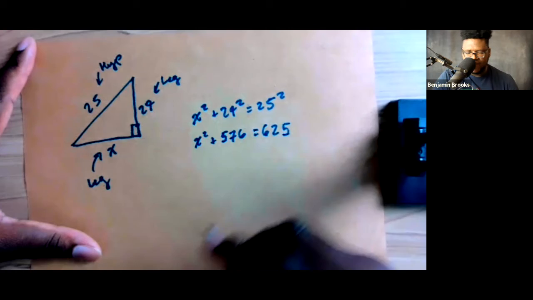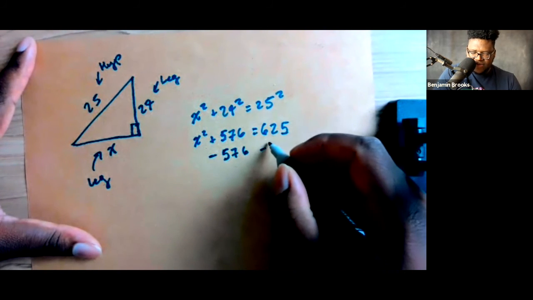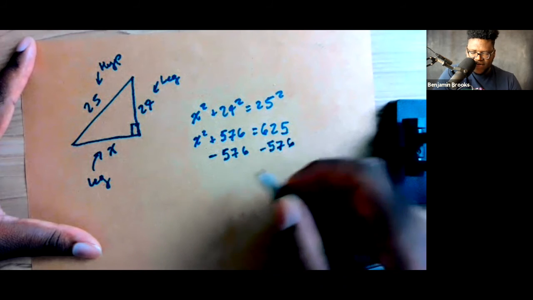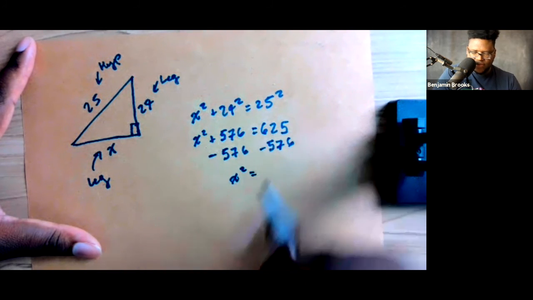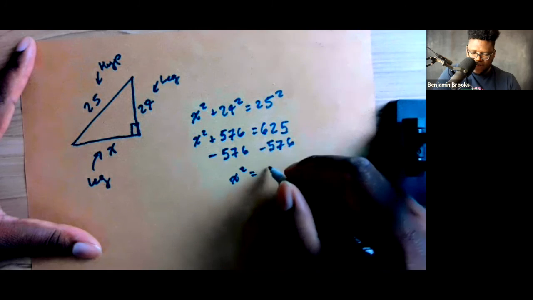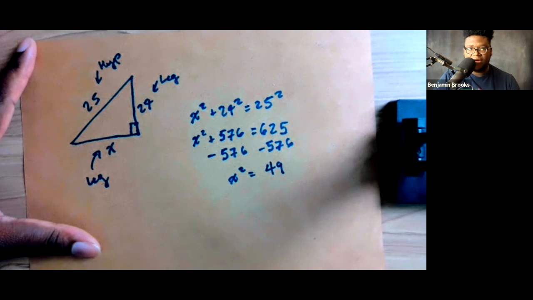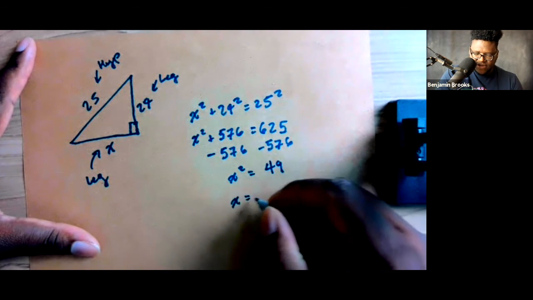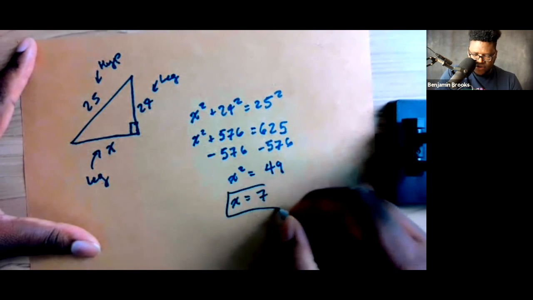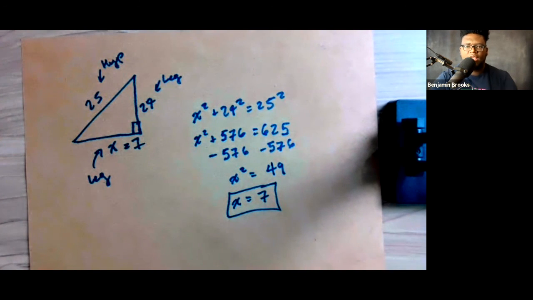Obviously, you can get those by just putting it into your calculator. I then subtract 576 from both sides. You're left with x squared is equal to 49. Now, the beautiful thing is, are we done yet? No, because we need to remember, we still have to take the square root of both sides. So then x is equal to 7. And that's how you work through Pythagorean theorem problems.